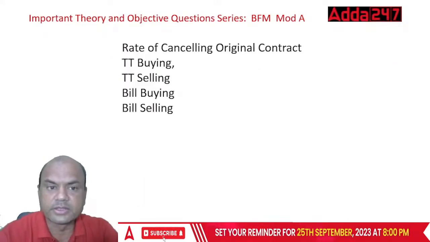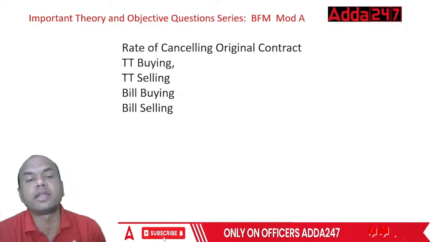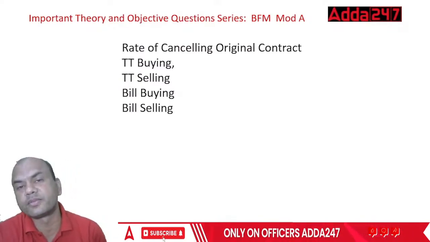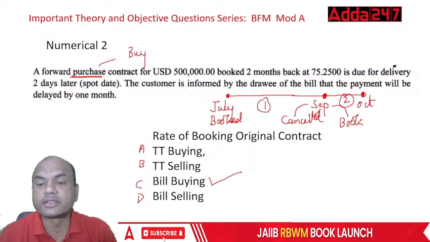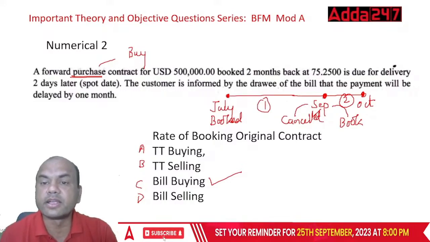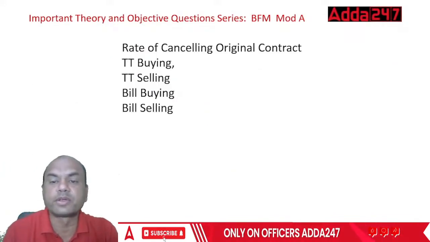Okay. Second question. The rate of cancelling the original contract is what? TT buying, TT selling, bill buying, bill selling. So cancelling, this cancellation means cancelling transaction number 1, this one. This is to be cancelled when? It is due when? Tomorrow. Tomorrow means spot. Always remember, this is spot. So here I'll have to first use spot.